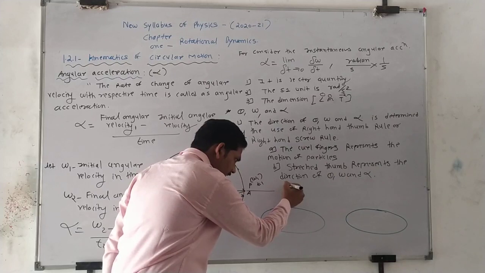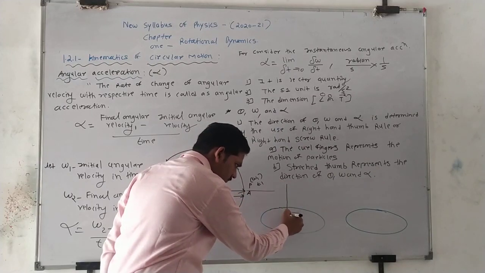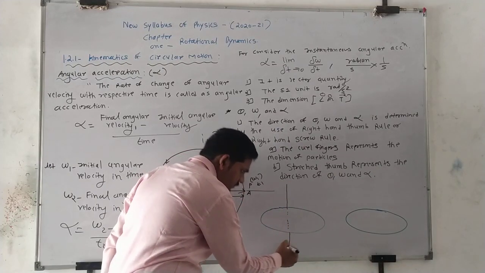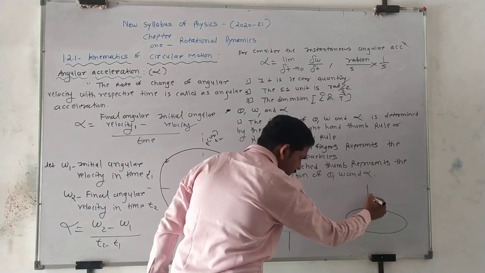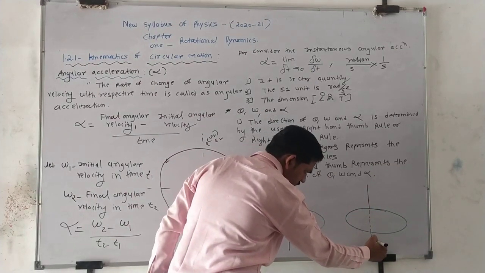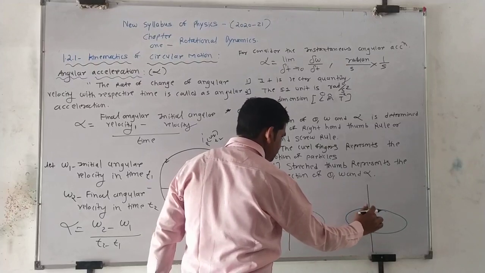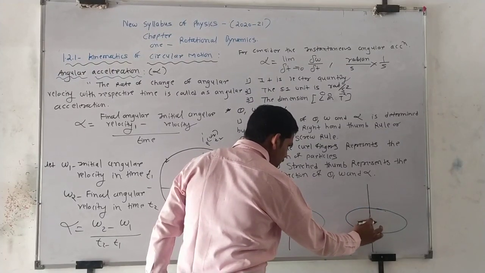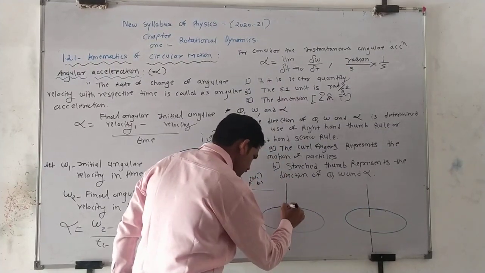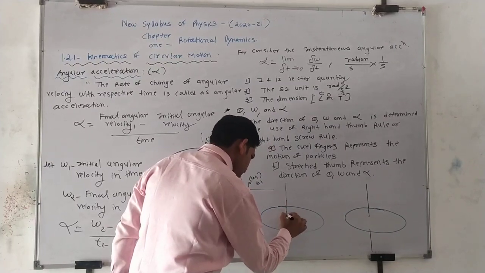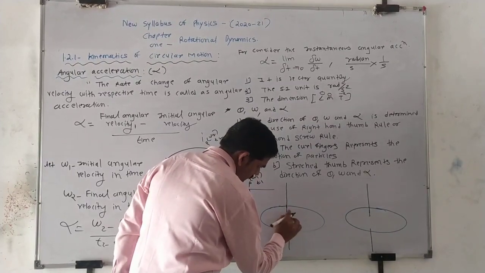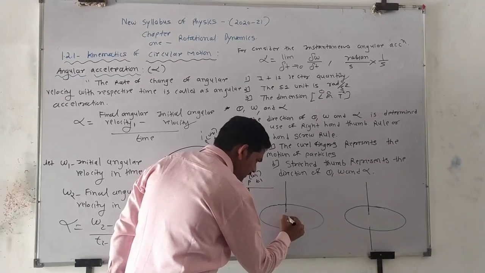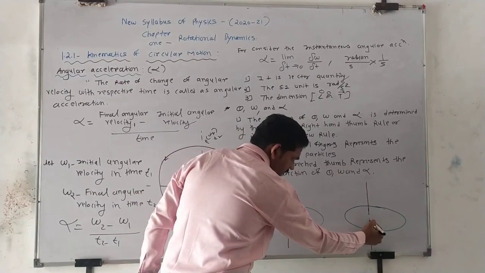This is the axis, and here is also the axis. Yes or no? Yes. This is the invisible line.